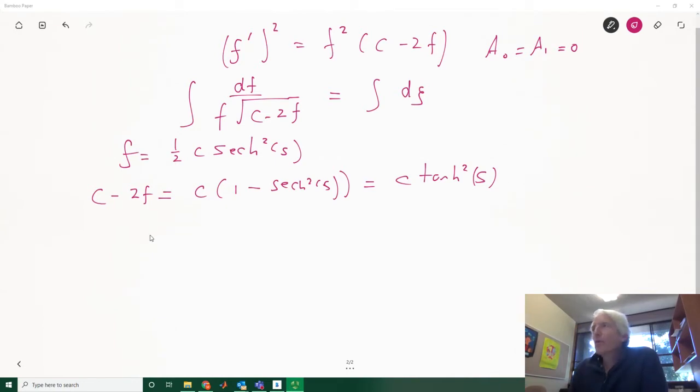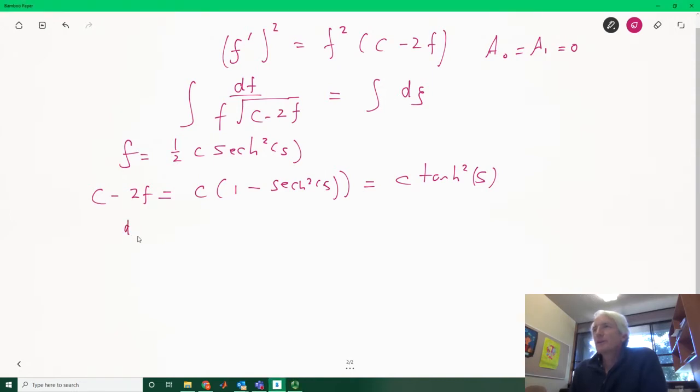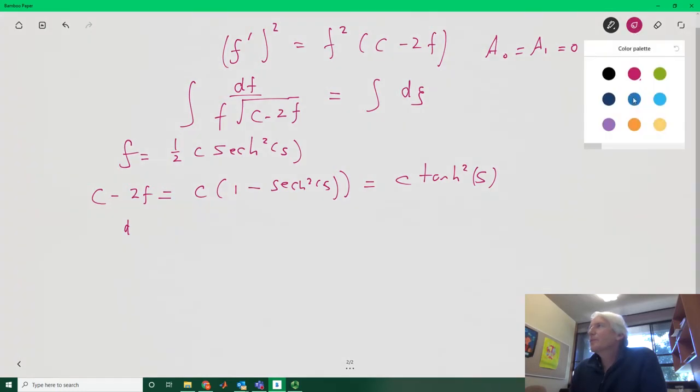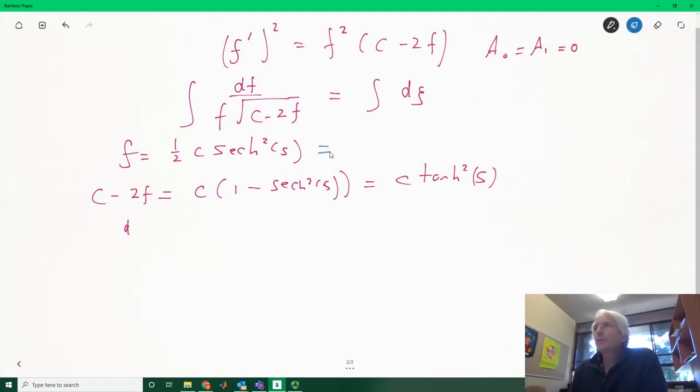Okay, so that's going to make that nice and simple. Now we've got to work out what df ds is equal to. This is equal to a half c into, so sec squared is 1 over cosh squared, so it's cosh of s to the minus 2.